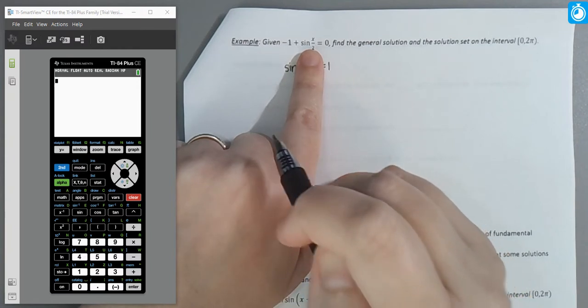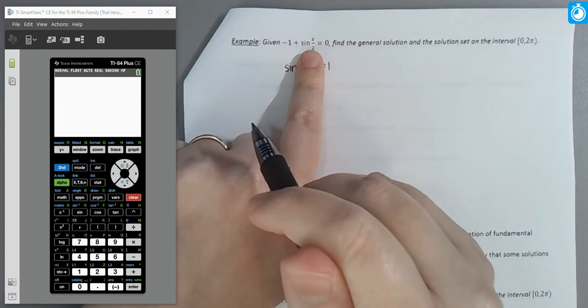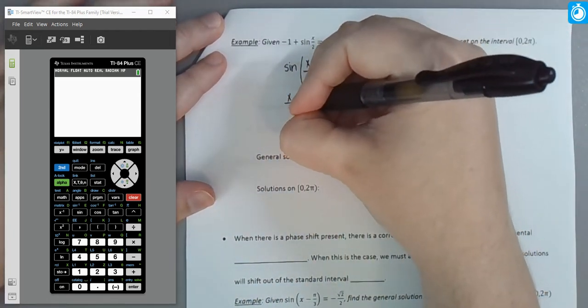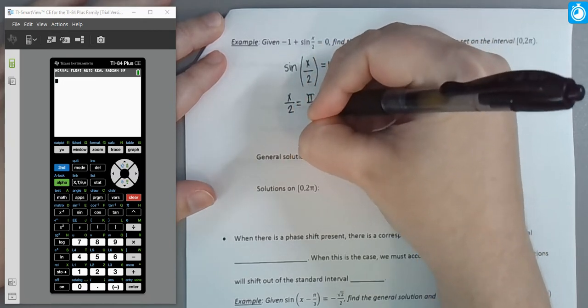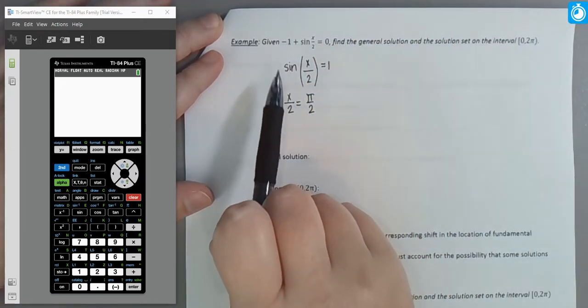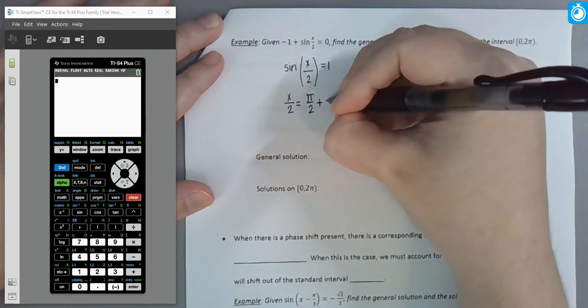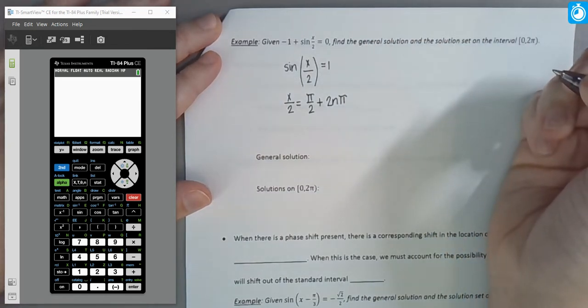Well, that's going to be a radian measure where our associated y-coordinate is equal to 1, and that only occurs at pi over 2. So that means x over 2 is equal to pi over 2, and then we're talking about our sine, which repeats after 2 pi radians, so plus multiples of 2 pi.